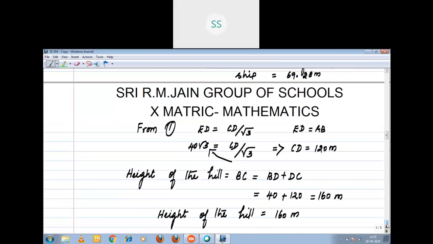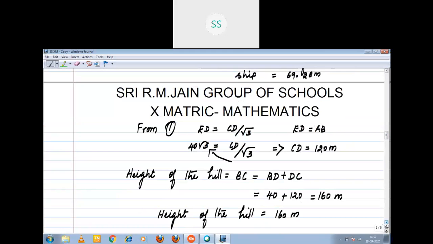They are expecting height of the hill. Height of the hill is BC. So BC can be written as BD plus CD. BD equal to 40 already we wrote. CD we arrived 120. So you substitute and arrive the result as 160 meter. Height of the hill equal to 160 meter.